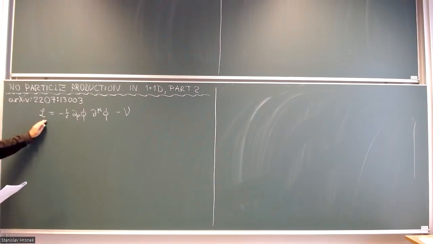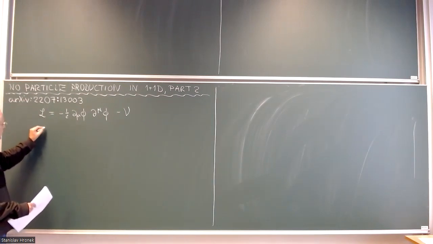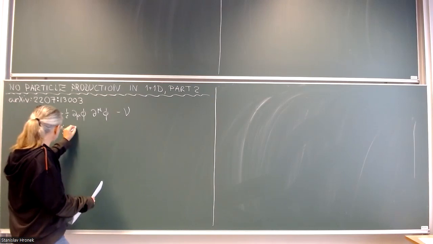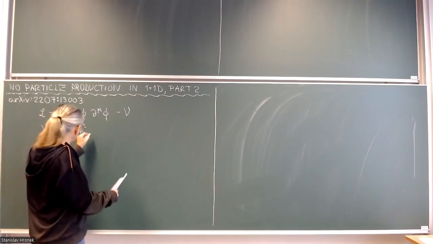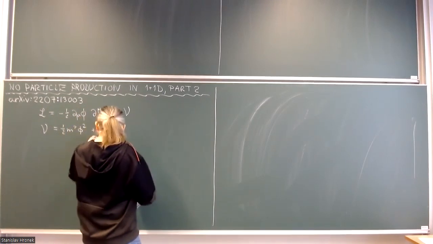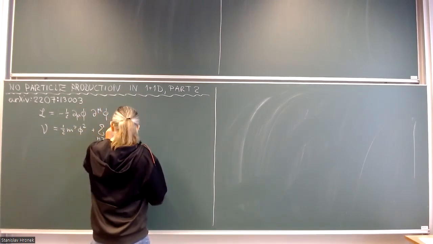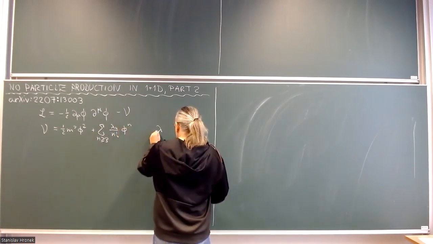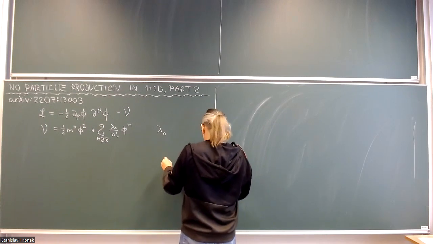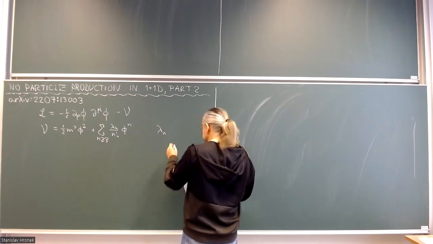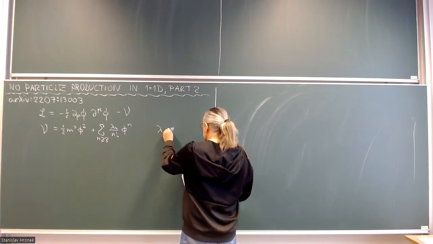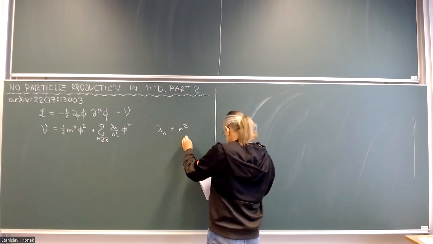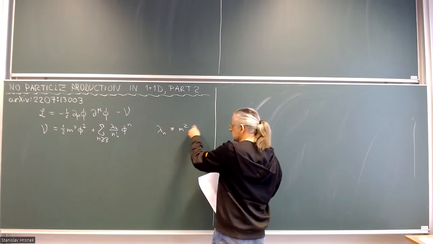We'll be looking at this Lagrangian where the potential density is given by the mass term m squared phi squared plus the sum over n bigger than or equal to 3 of lambda n over n factorial phi to the n, and we found that the interaction coupling constants have dimension of mass squared, g_n being dimensionless.